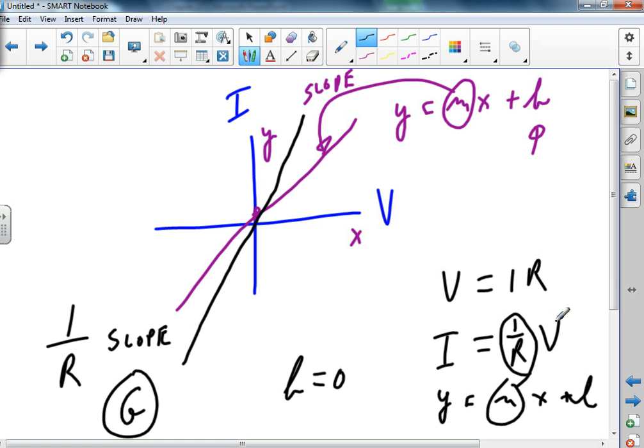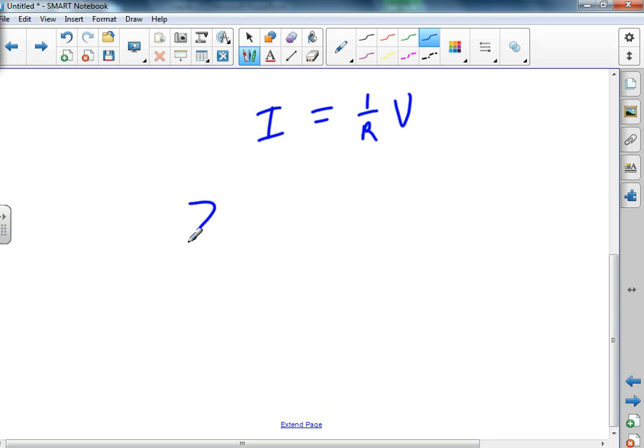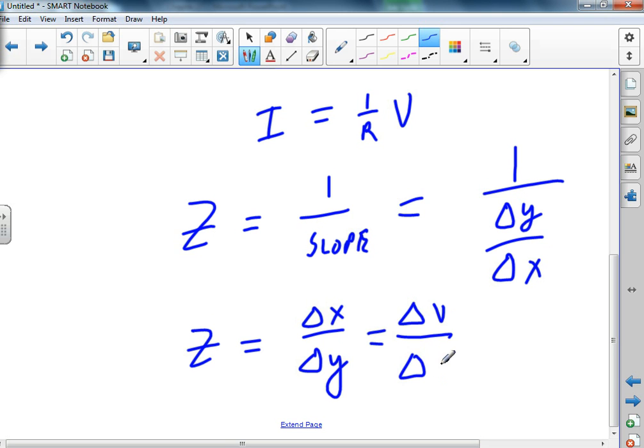So going back to where we were, if I had an AC application, I said this is I equals 1 over R times V, then my impedance would be 1 over the slope. And my slope is change in Y over change in X. So my impedance would be change in X over change in Y. Well, X is the voltage component and Y is the current component.